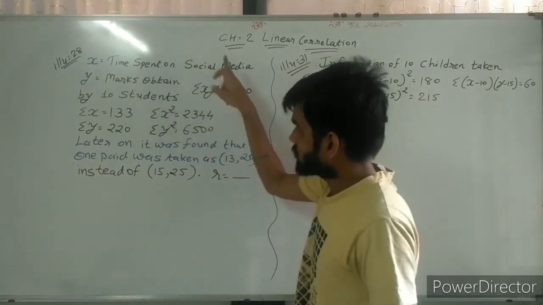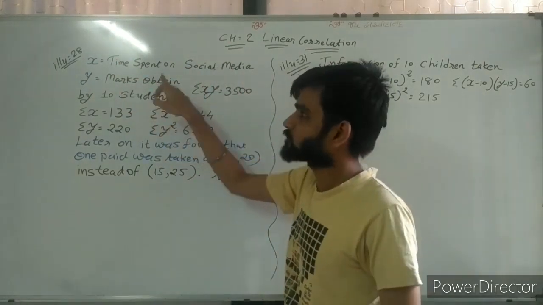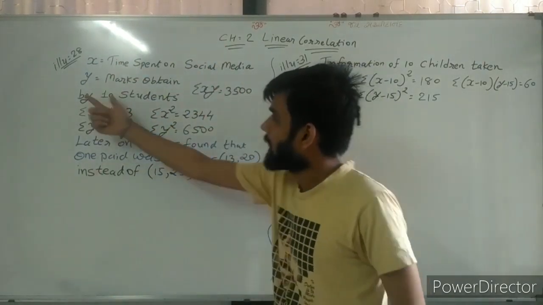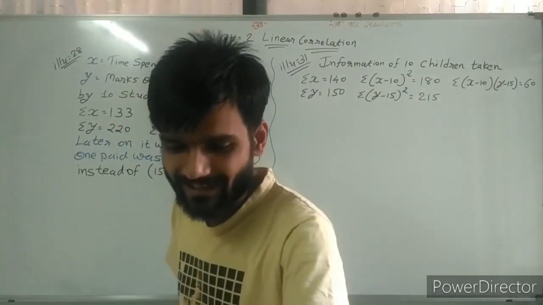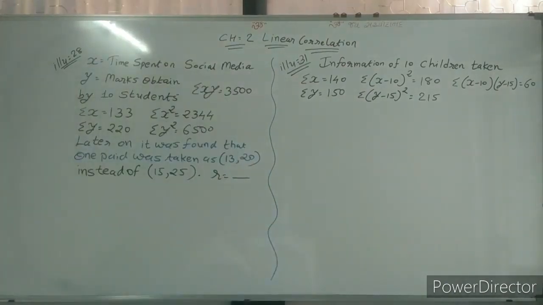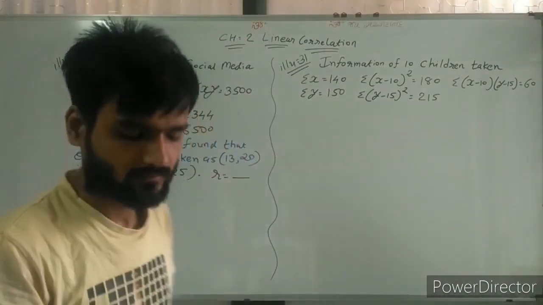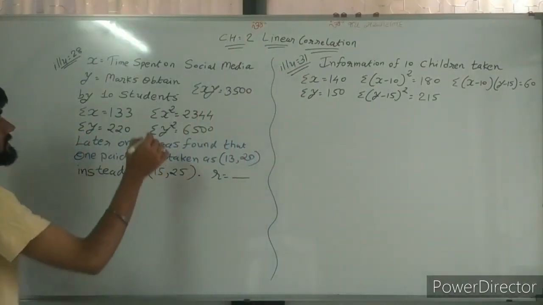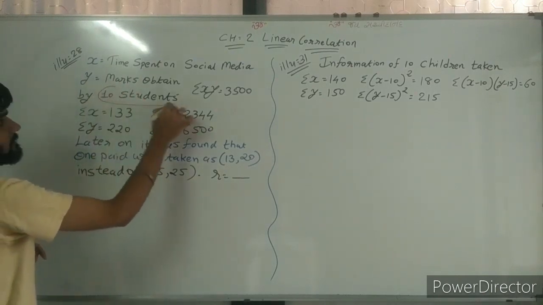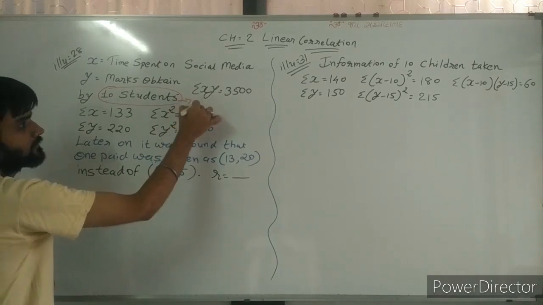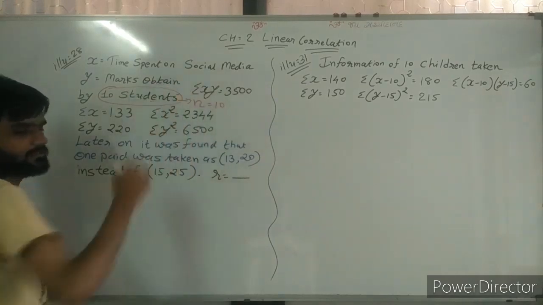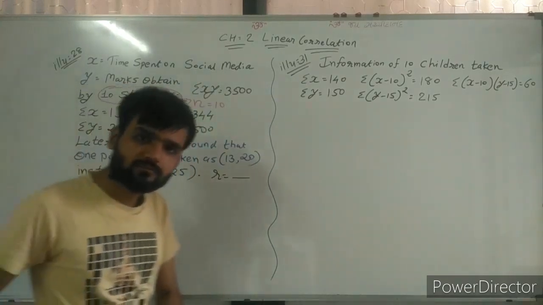X is time spent on social media, Y is marks obtained by 10 students. So N is equal to 10. That we can understand.